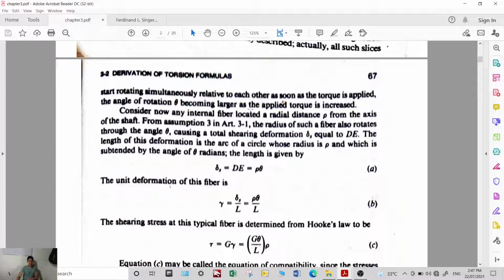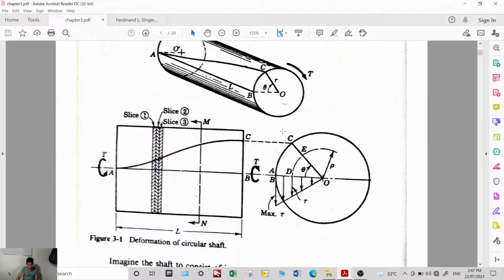Consider now any internal fiber located at a radial distance rho from the axis of the shaft. Kaning rho, base sa figure, mao ni nga fiber.